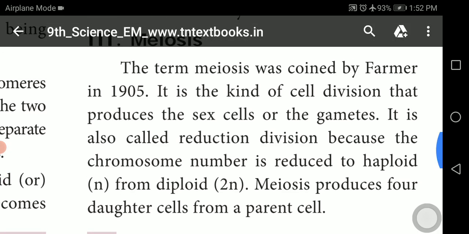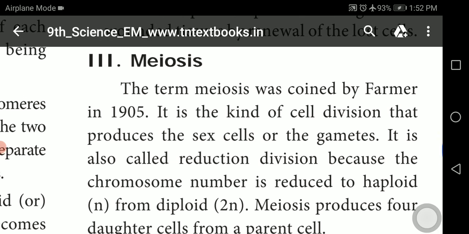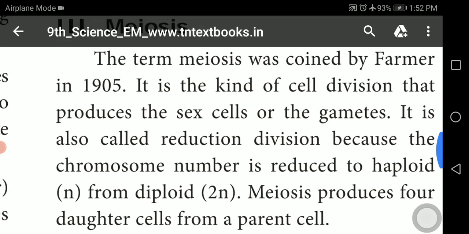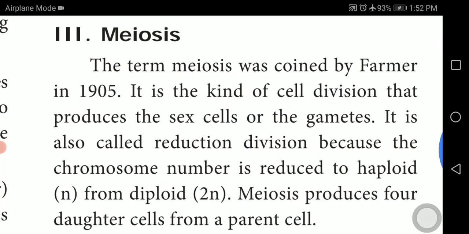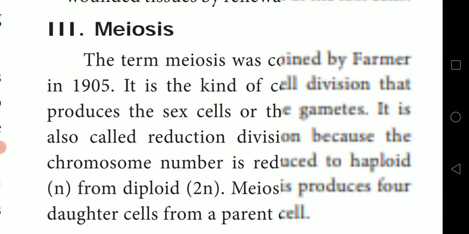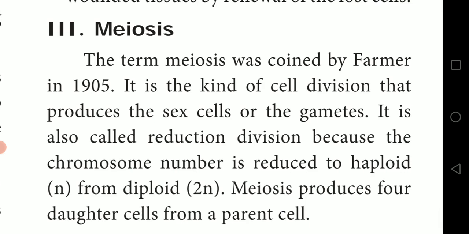So meiosis is the type of cell division that produces sex cells, or we can also say gametes. It is also called reduction division because the chromosome number is reduced from diploid 2n to n.